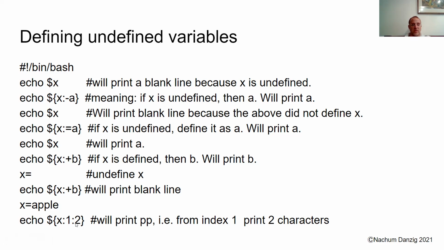It'll print from index 1, 2 characters. It's not a range exactly, I mean, it is a range, it's 2, but it's not 1 to 2. It's not the beginning and the end of the array. It's starting at 1, how many should I print? So 0 is A, so 1 is the P. It'll print P, P.